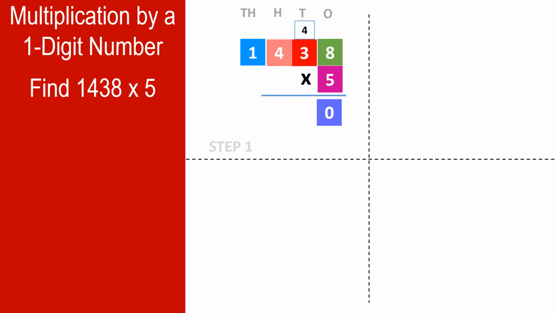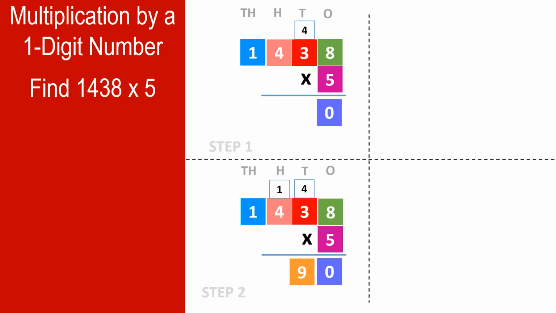Very nice, beta ji. Now we are going to do step 2. So in step 1 we have already multiplied 5 with the ones number. Now we will multiply 5 with the tens number, the number which are there on the tens place. Now 5 multiply by 3, right?